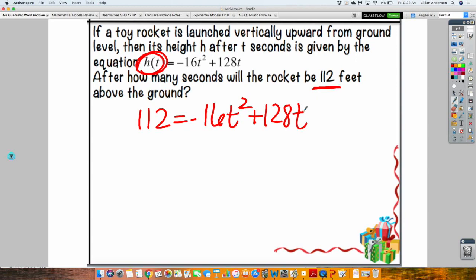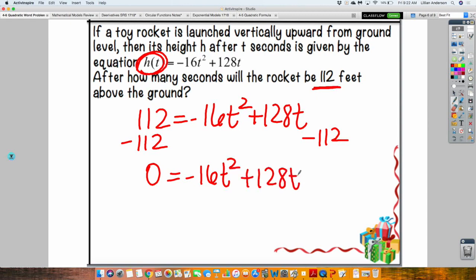And then it's asking me how many seconds. That means I'm looking for the what? The time. And how do I solve this? I need to subtract 112 over, and this is nothing but another quadratic where I use what to solve?